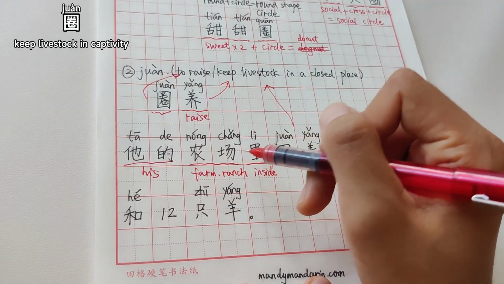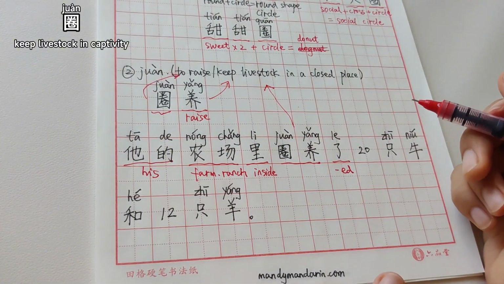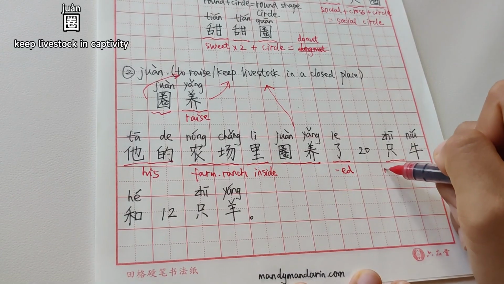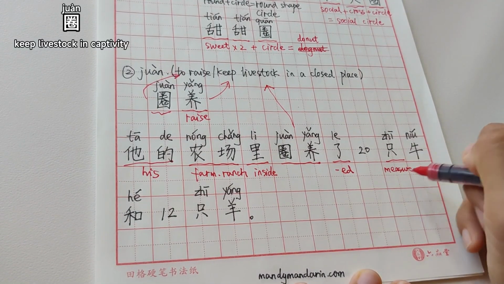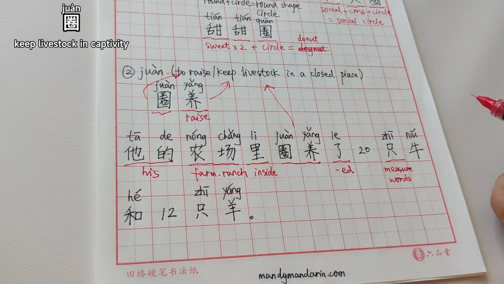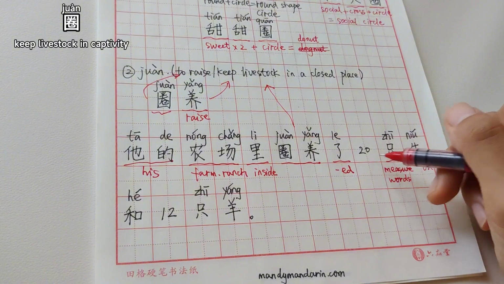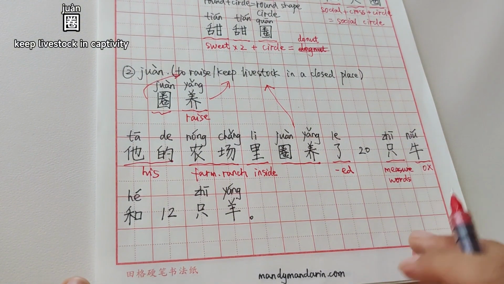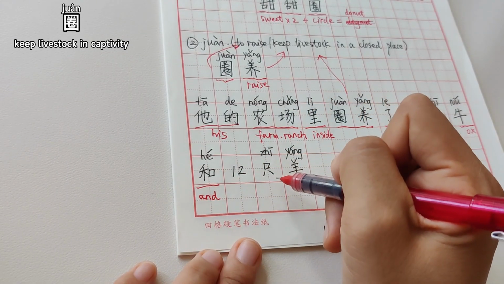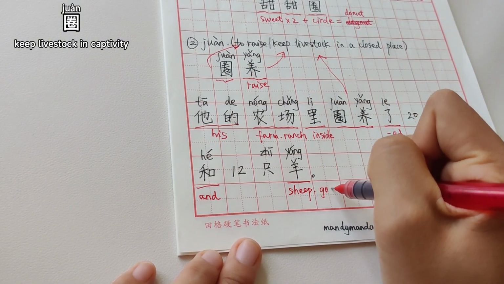Obviously, here it is in the farm. 了 is just like the ed in English, which means the past tense. 20只牛, 只 is the measure word for quite a lot of animals. 20只牛 is the ox, so 20 oxen. 和, and. 12只羊 is sheep or goat.